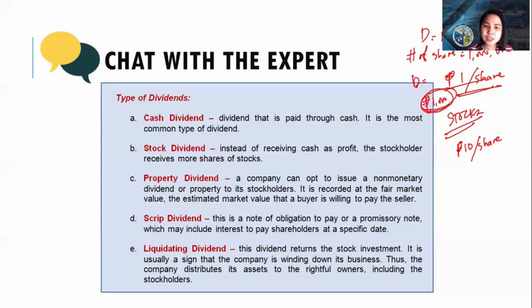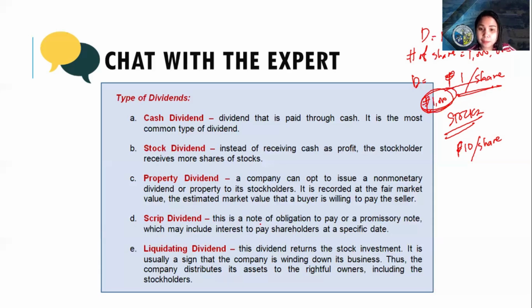The next is property dividend. For example, if the company has land or some equipment, then instead of giving you cash dividends, they can just simply divide the property dividend. It is recorded at the fair market value and estimated market value that the buyer is willing to pay the seller. The next is scrip dividend.